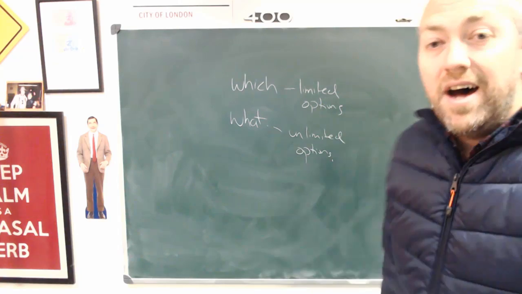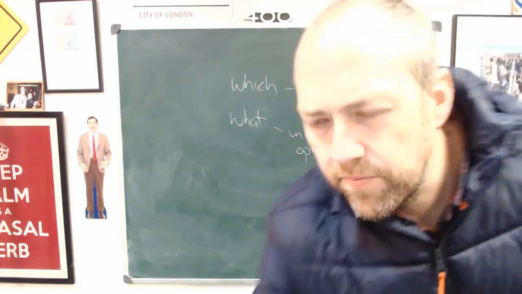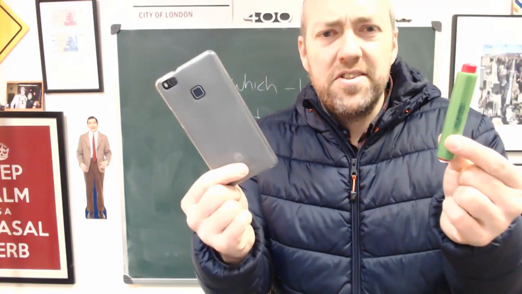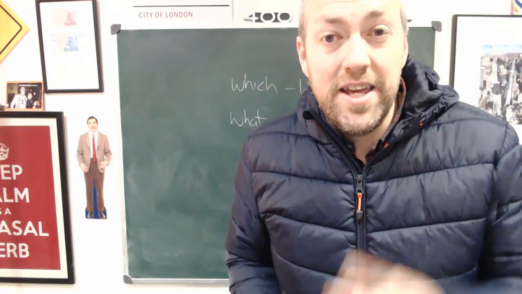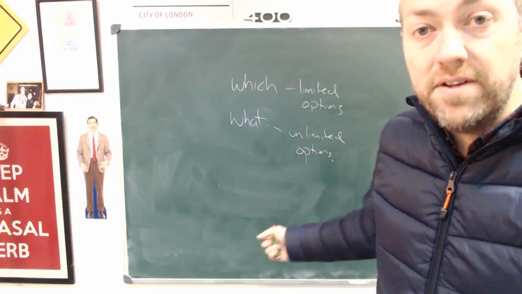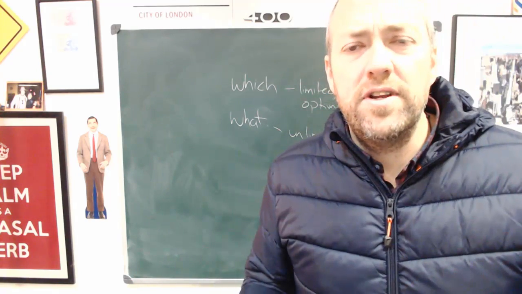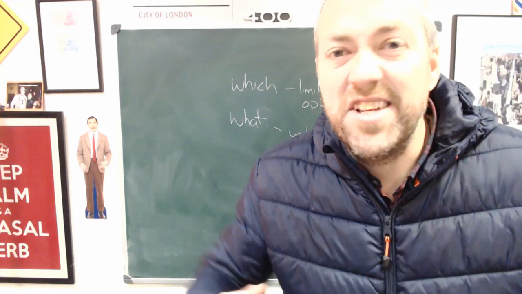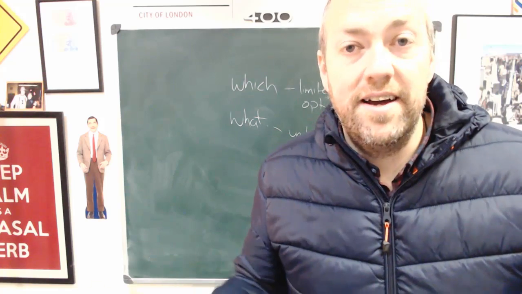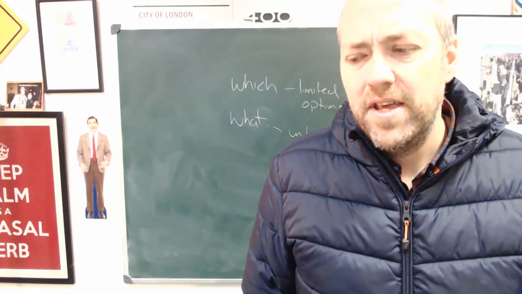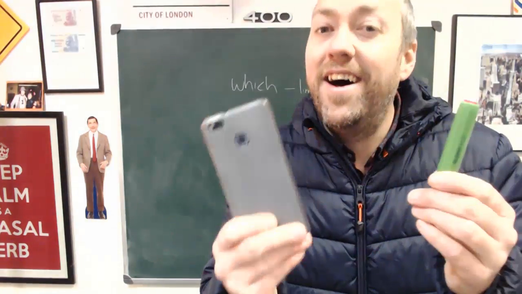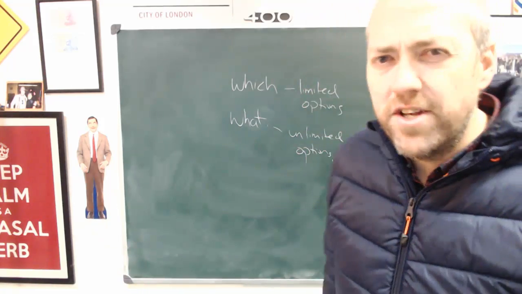So for example, I could ask you, which do you prefer? Do you prefer this or this? Because there's only two options. But when I use what, this would be for a question like, what is your name? There's unlimited possibilities for your name. Or what is your favorite color? Unlimited possibilities. But which do you prefer, chalk or a telephone? Ah, now it's limited. Now you use which.